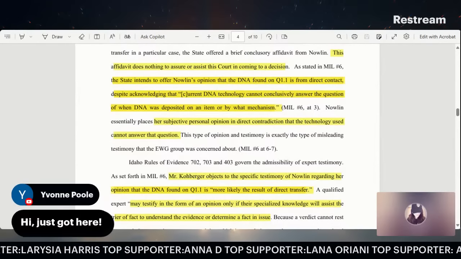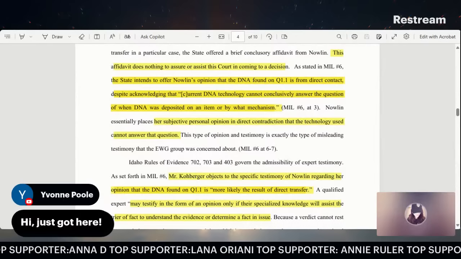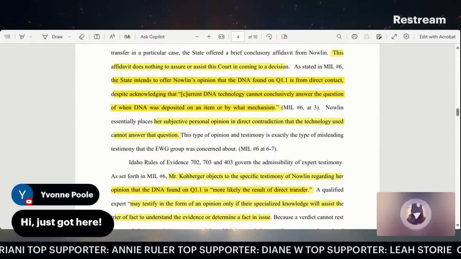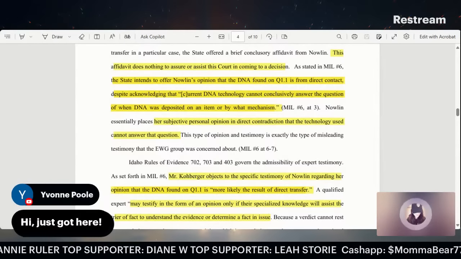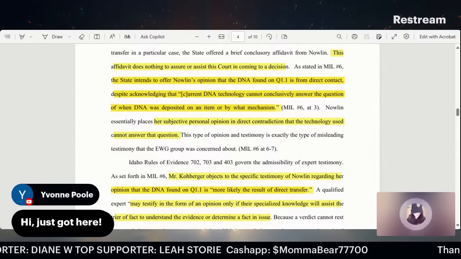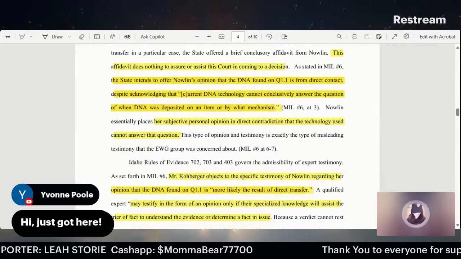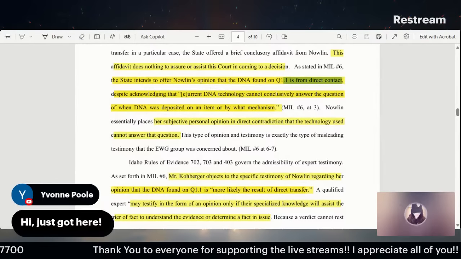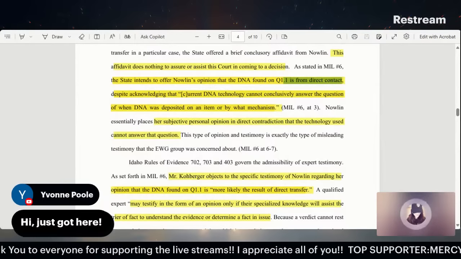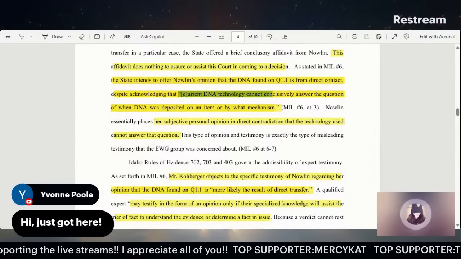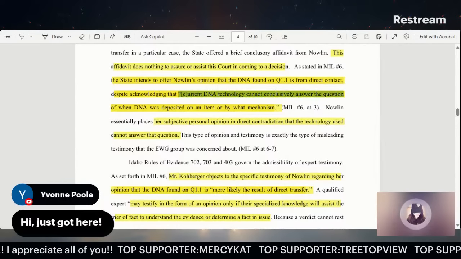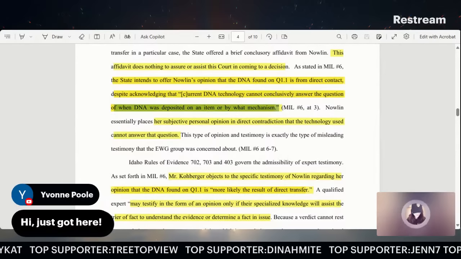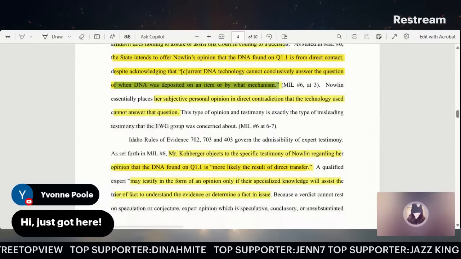Let's try this again. This affidavit does nothing to assure or assist this court in coming to a decision. As stated in motion in limine number 6, the state intends to offer Nowlin's opinion that the DNA on Q11 is from direct contact, despite acknowledging that, quote, current DNA technology cannot conclusively answer the question of when DNA was deposited on an item or by what mechanism, end quote.